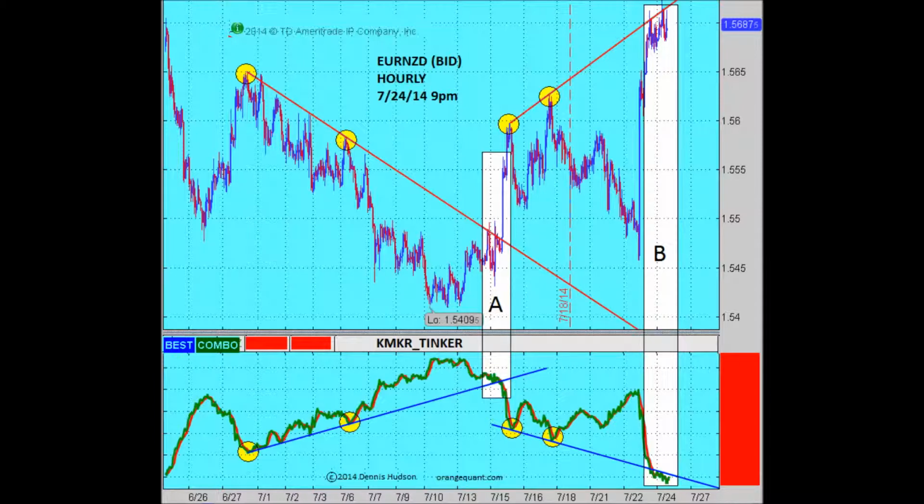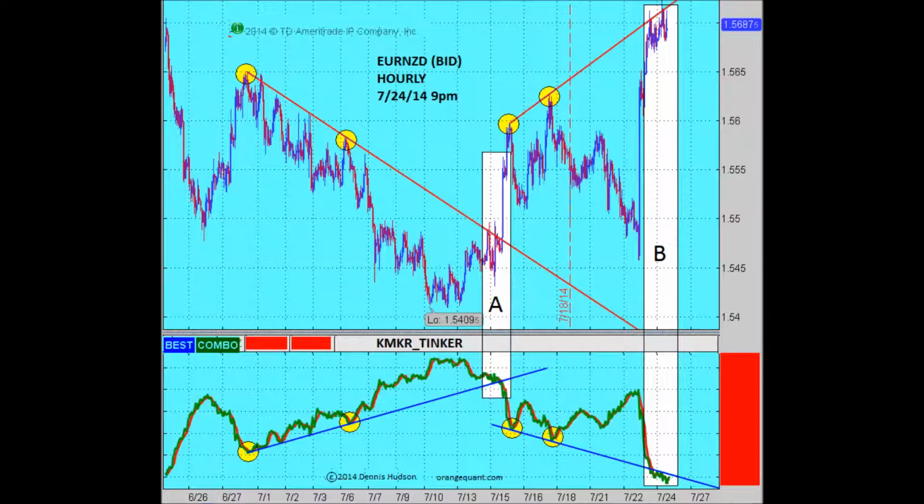Alright, now in case A, in the white box, notice that big blue candle? That's a 75 pipper. Keep that in mind, because what I'm about to do is collapse these white boxes and zoom in so you can see what's really going on. So that's a 75 pip blue candle in box A. In box A, you'll also notice two breakouts above that trend line we drew on the price chart.